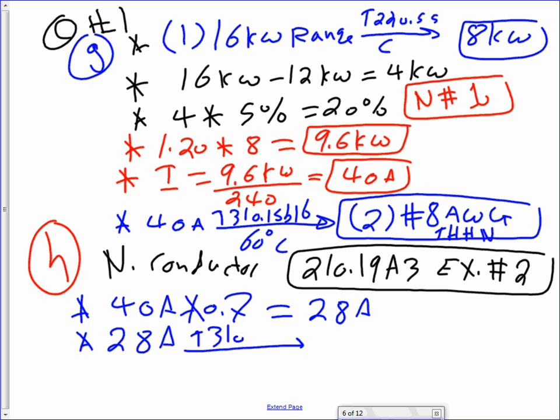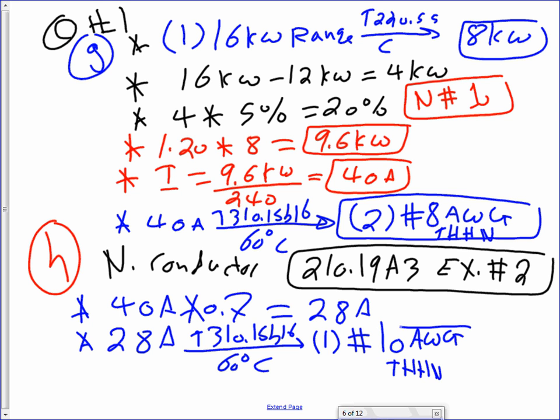Table 310.15(B)(16), 60-degree column, and that will get you one conductor number 10 AWG THHN. If you came up with less than 10, you have to use 10.